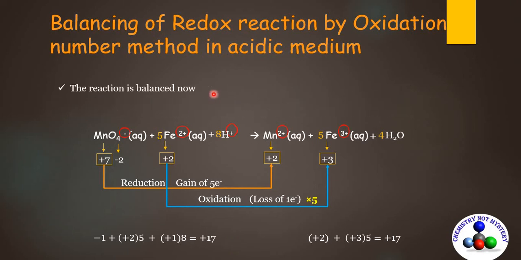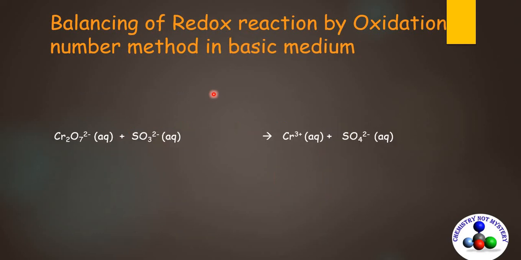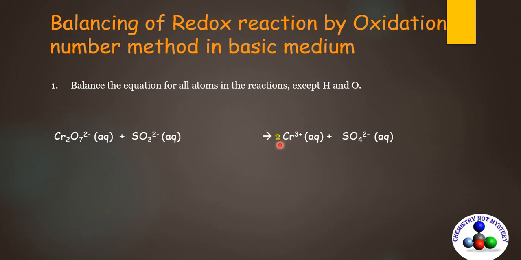Let's see how to balance a redox reaction by oxidation number method in basic medium. Here the equation given is Cr2O7²⁻ + SO3²⁻ gives Cr³⁺ + SO4²⁻. First step is to balance the equation for all the atoms in the reaction except hydrogen and oxygen. So here we need to balance chromium by putting coefficient 2 on the right side.